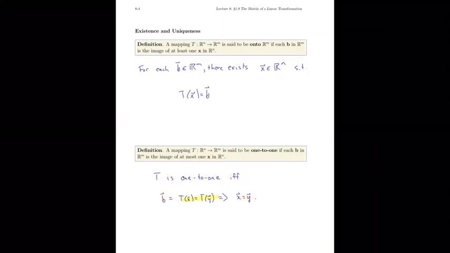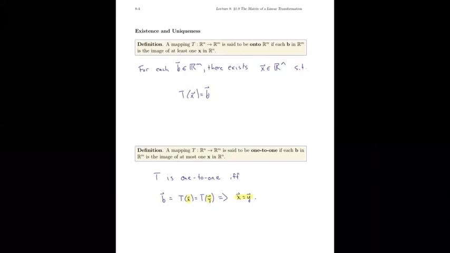But to clarify what this is saying is that if T of X equals B and T of Y is equal to B, then of course these two things are equal to each other. If T is one-to-one, then X and Y have to be the same thing. If not, then we'd have more than one item mapping to B.